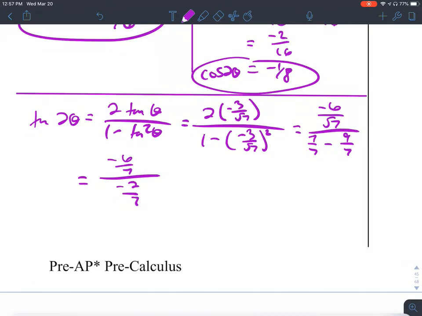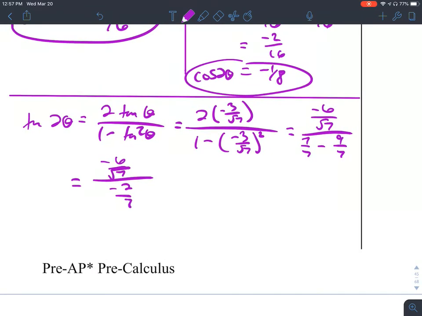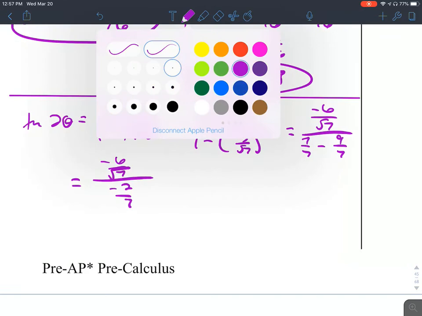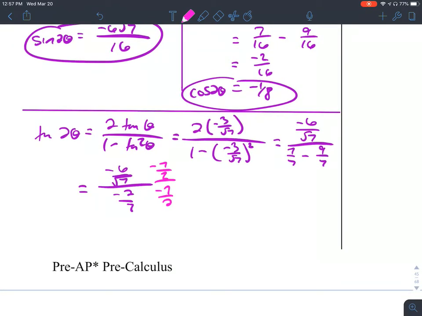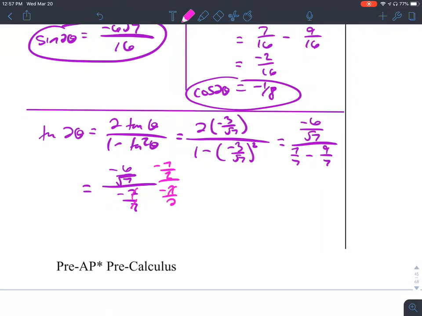And I'm sorry, the numerator is negative 6 divided by the square root of 7. I'm going to multiply by 1 in the form of negative 7 over 2. What that does at my denominators, the 7's cancel, the 2's cancel, the negatives cancel.